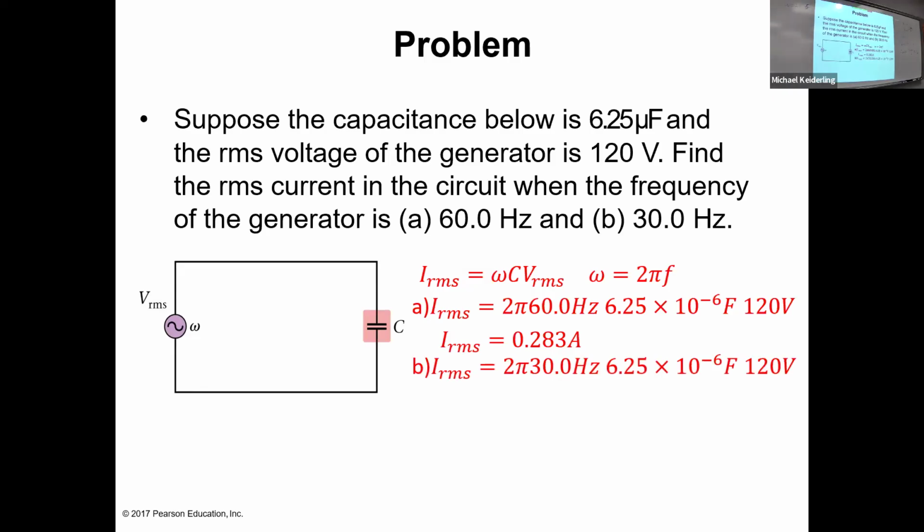And then at 30 hertz, 2 pi times 30 hertz times 6.25 times 10 to the minus 6 farads times 120 volts gives us 0.141 amps, half of that. So the current is half at 30 hertz than it is at 60 hertz. Generally in capacitors, you get more current the higher the frequency. Current can pass through capacitors more easily the higher the frequency.